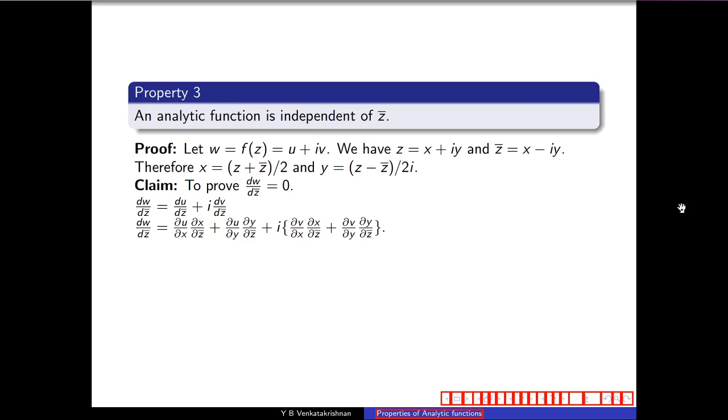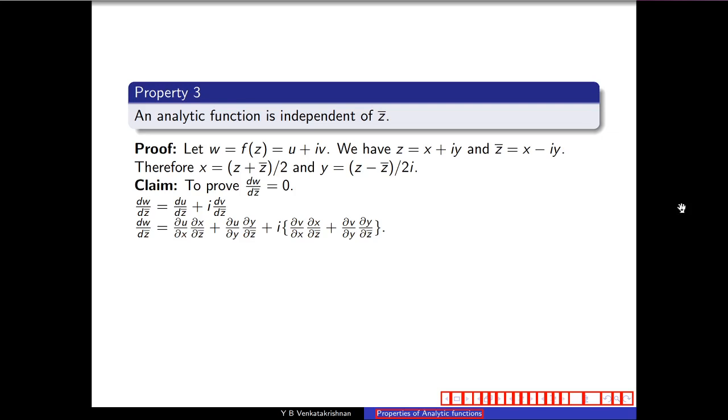So I can replace this dU by dZ bar as dou U by dou X into dou X by dou Z bar plus dou U by dou Y into dou Y by dou Z bar. U is a function of X and Y, and X and Y are in turn functions of Z and Z bar. So your dU by dZ bar is replaced with the sum of the products of partial derivatives.